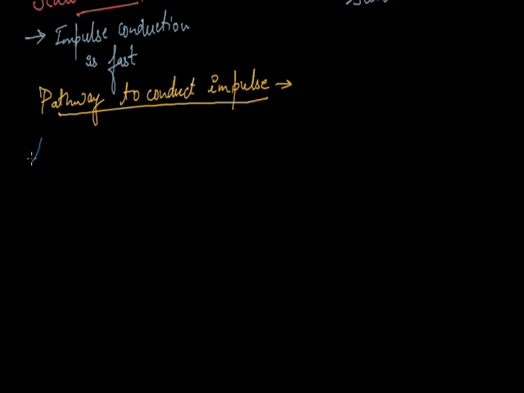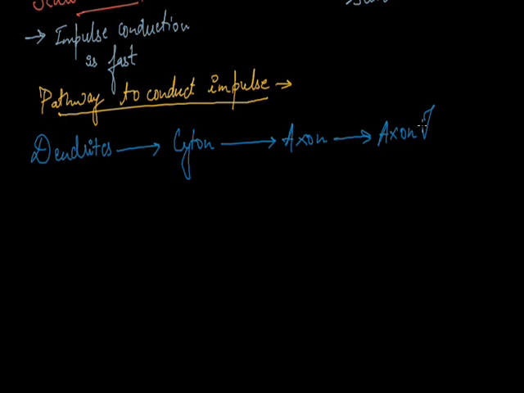So first, the dendrites, from dendrites to the cyton, and then cyton to the axon, and lastly to the axon terminal, also called as telodendron. So likewise, the impulse will be transmitted, and again the axon terminal will next connect to the next dendrites, and so on.